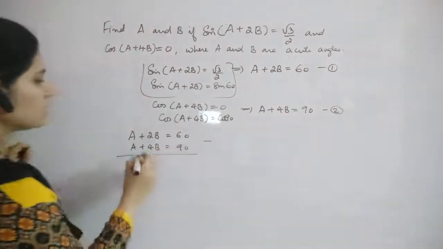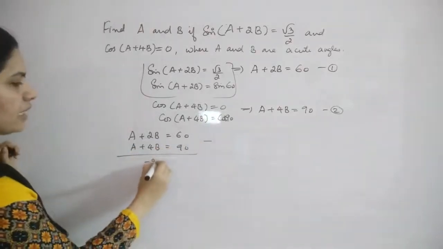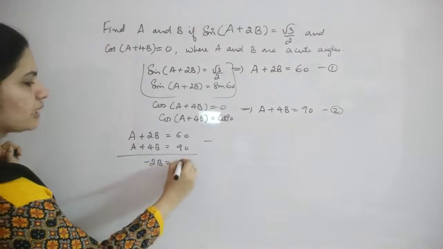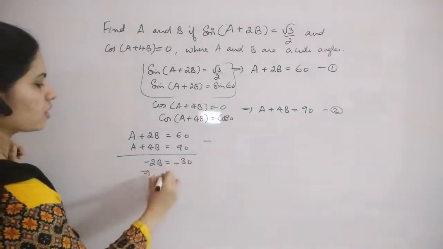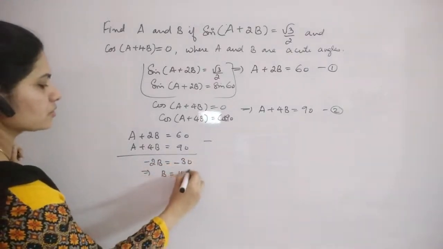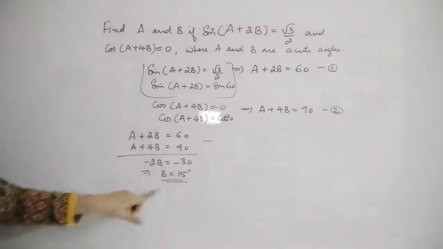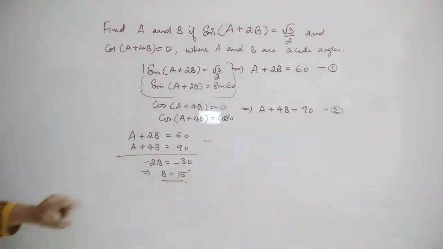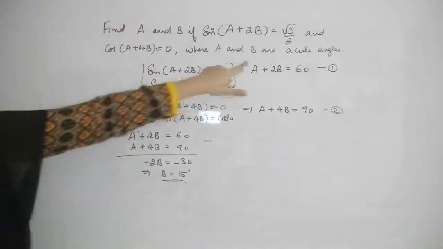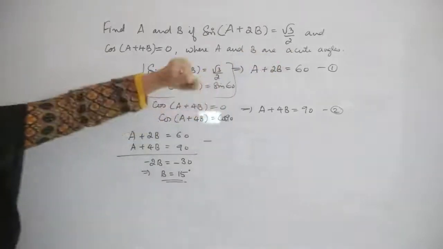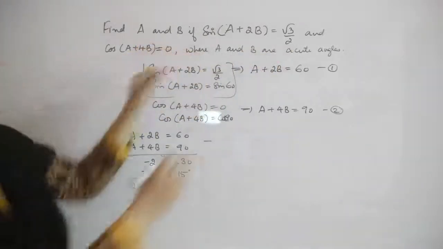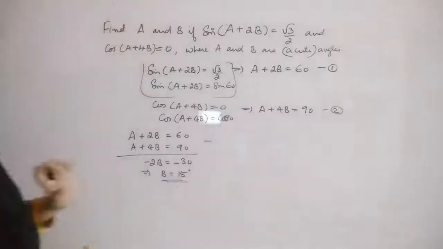Subtracting the two, you will get minus 2B is equal to minus 30, or B is equal to 15 degrees. Since it is angles, I have written degrees. Okay, B is 15. B satisfies the condition, since it has been given that both should be acute. So B is acute, right?